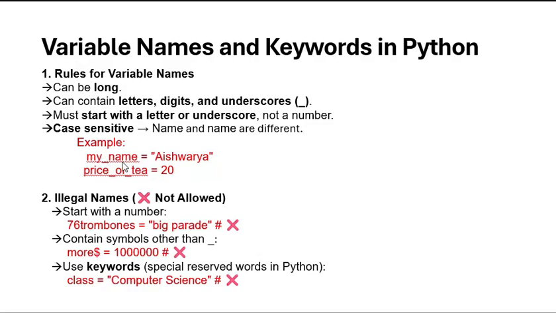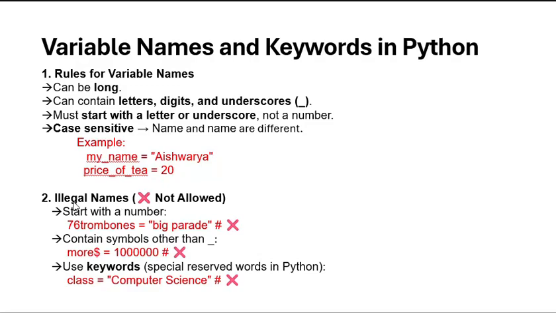For example, my_name is equal to Aishwarya, price_of_tea is equal to 20. Here, these are the variable names and the values I have assigned to those variables. I have assigned Aishwarya to my_name and 20 to price_of_tea.